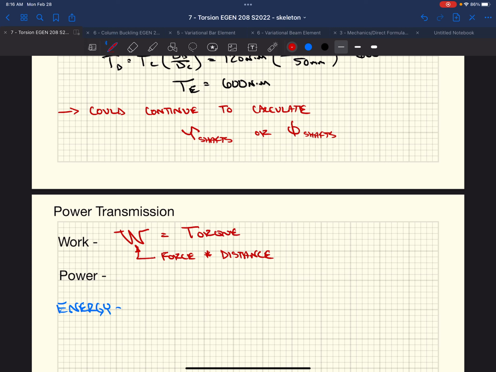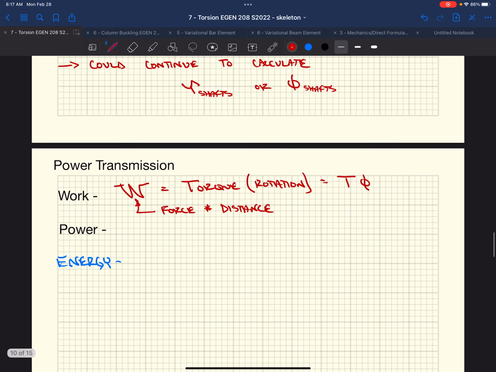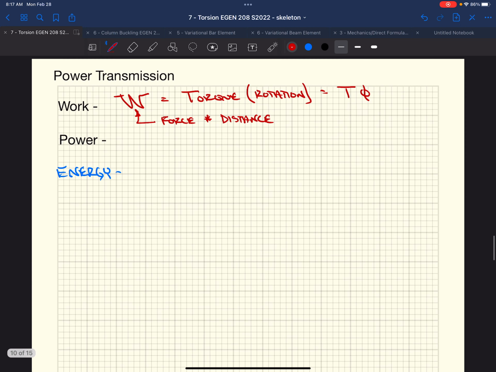And the distance, right, is our rotation. Or T times phi, right? We've dealt with these already. So if we wanted to figure out how much work we are applying to a system, or have done, we would just take our torque and multiply it by our rotation, okay, or phi.